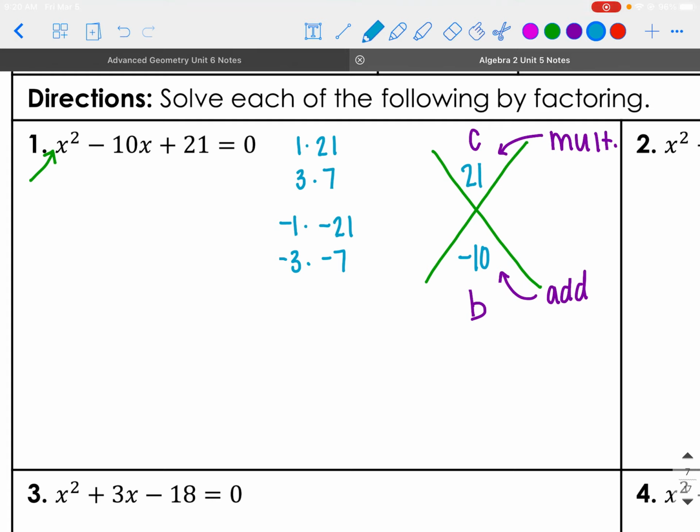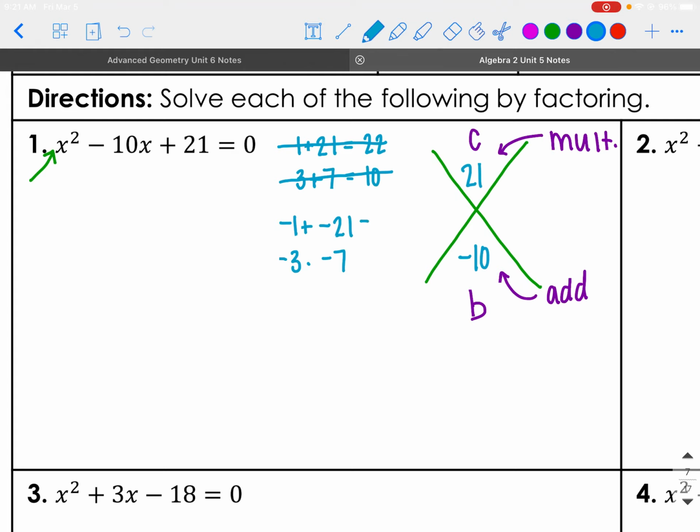Now from here, let's look at all of those and see which ones I could add to get -10. If I add those first two, that's 22. Not that one. If I add 3 and 7, I get 10, not -10.